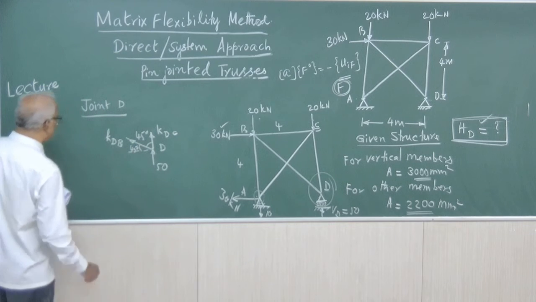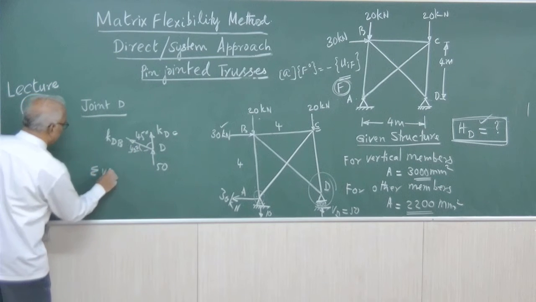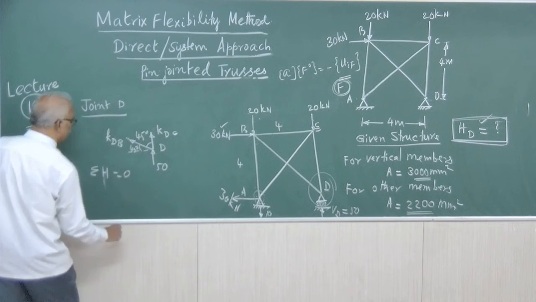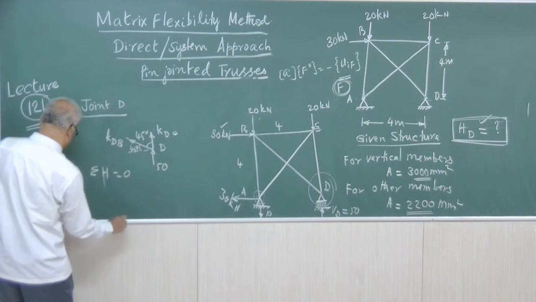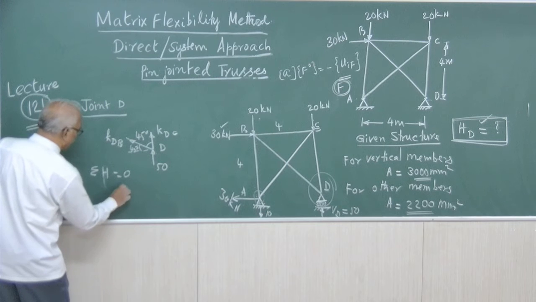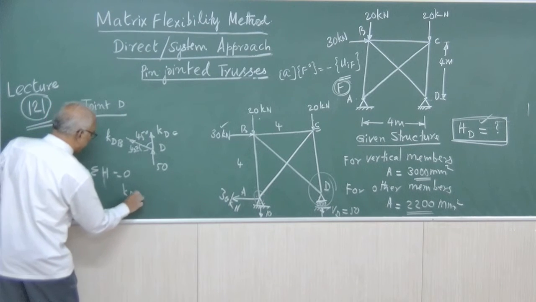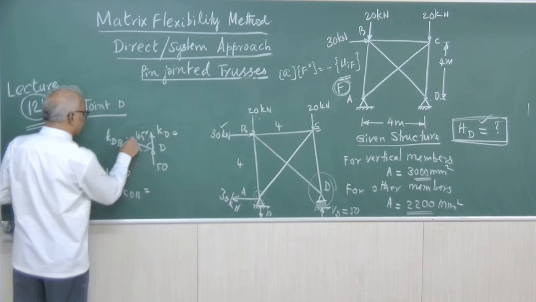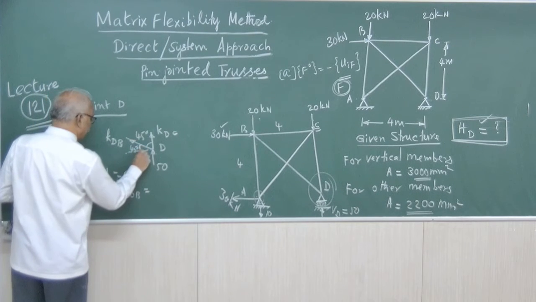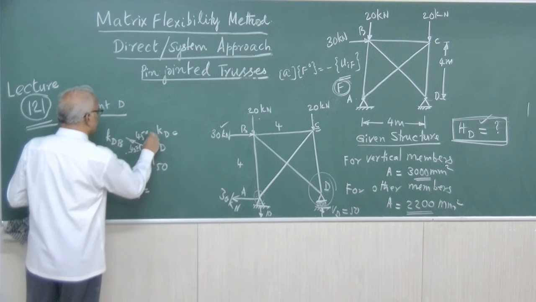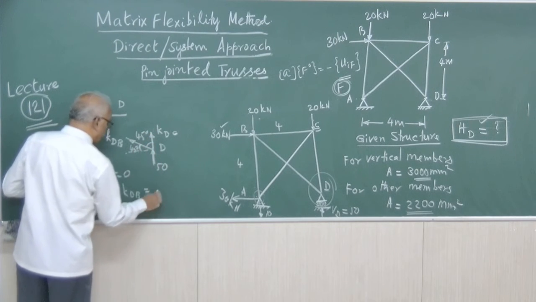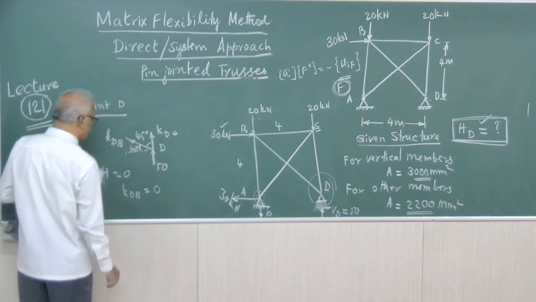First we will take sigma H equals 0. Sigma H equals 0 will give KdB into cos 45, there is no other force, because the other two will not give any horizontal component. When there is no other force, we will find KdB equal to 0.